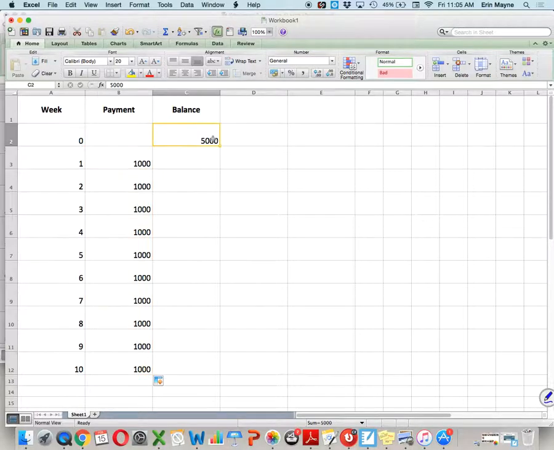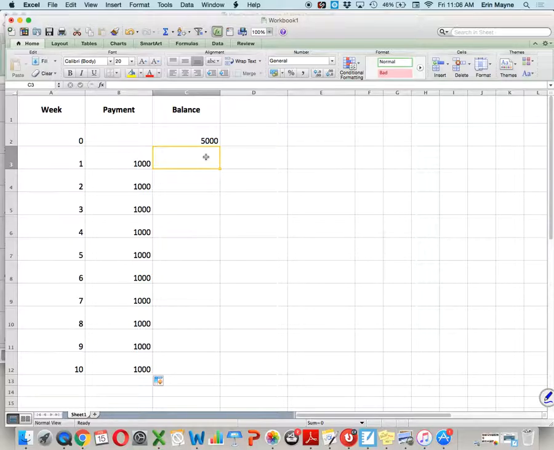Okay, now, to get the balance at the end of week 1, just say out loud with words, what do I have to do to get the balance? Multiply the previous balance by the interest and then subtract the payment.